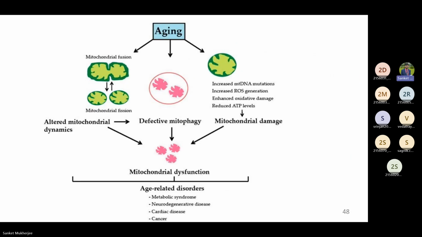What we observe with aging is that there is a dysfunctional mitochondria. Usually how we see fusions and fissions of mitochondria occurring, that entire dynamics is changed in aged patients, and it leads to a lot of disorders like metabolic disorders, neurodegenerative disorders and cardiac diseases as well.